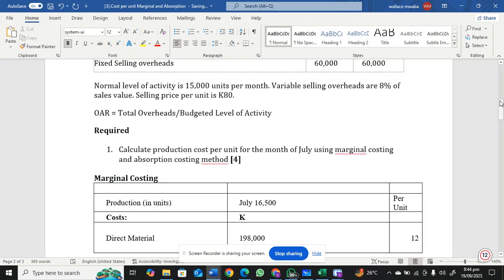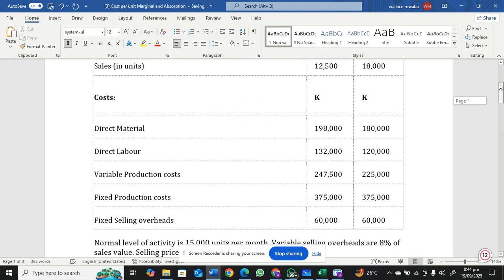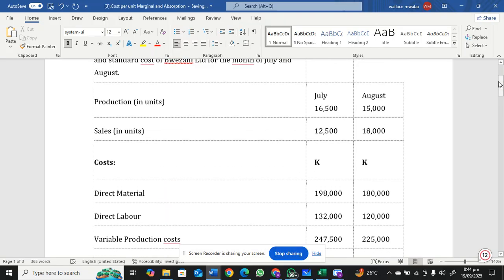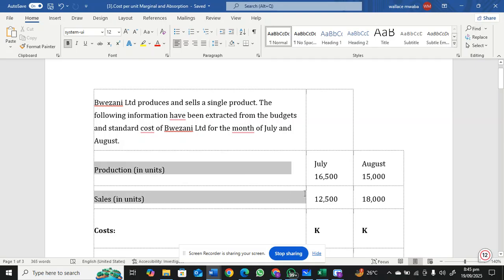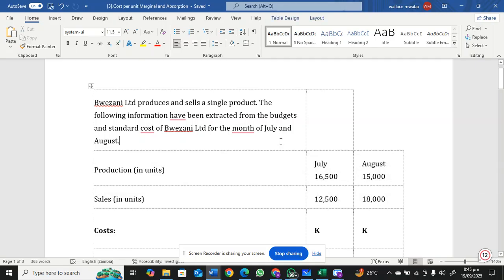After you've, usually the first step is you need to calculate the costs per unit, which we've already done. Next, we need to find out what our closing inventory is. So we come to this information here about production and sales. In this question, we do not have any opening inventory.